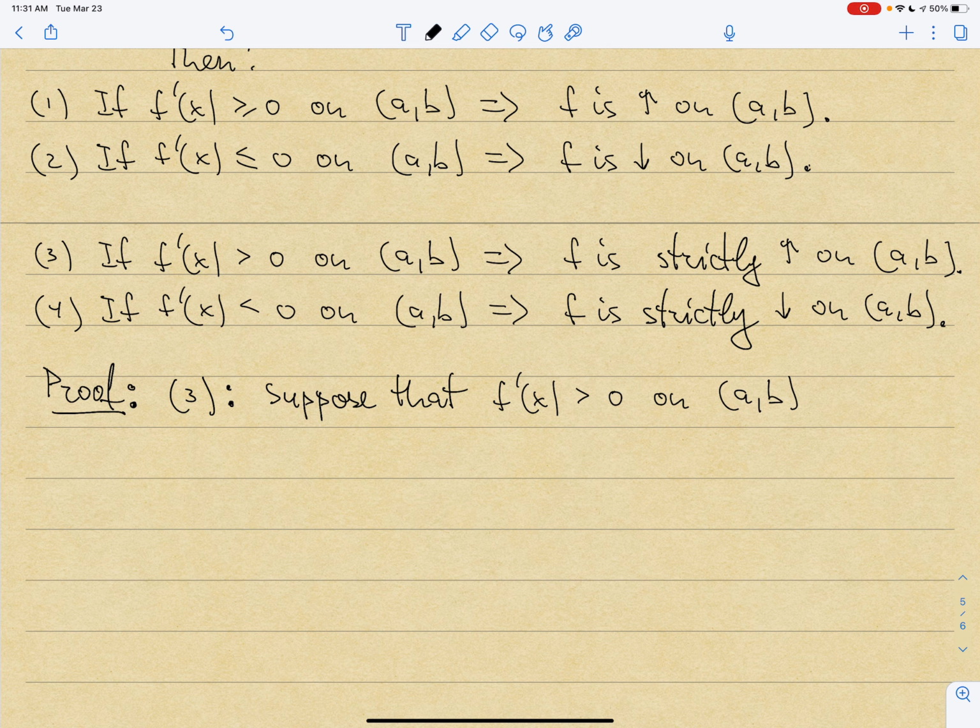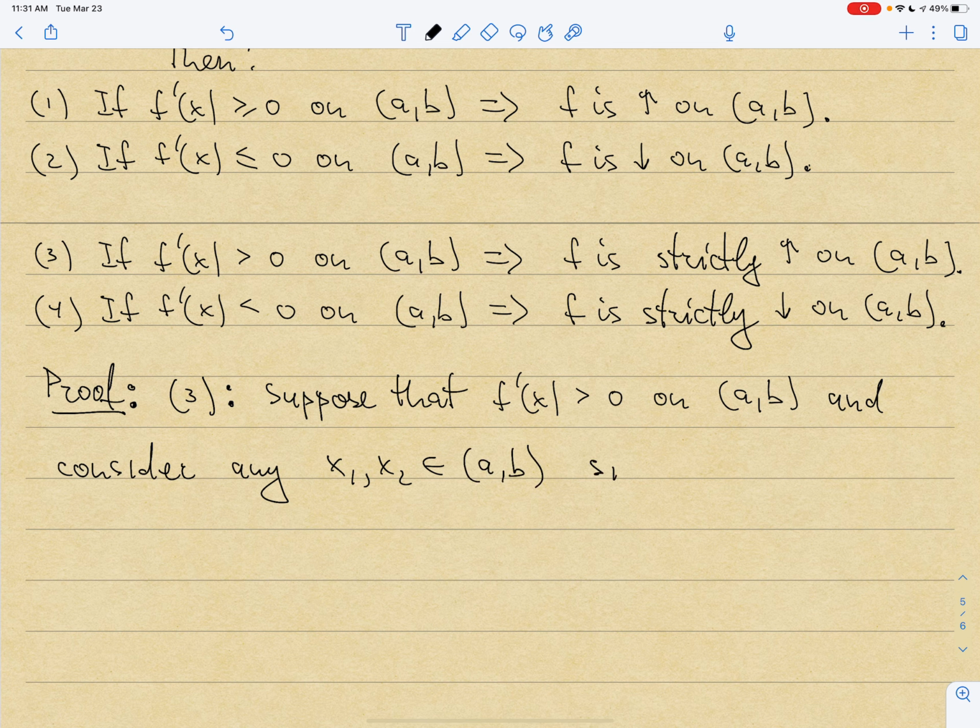Okay, so then let's consider any 2 points x1 and x2 both belong to AB to be such that x1 is less than x2.